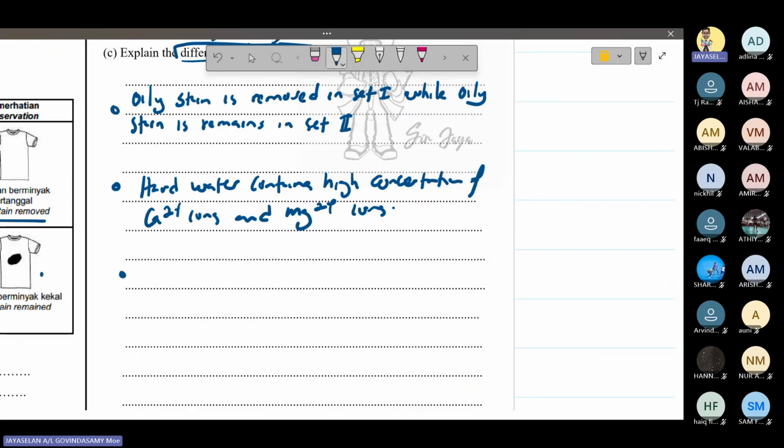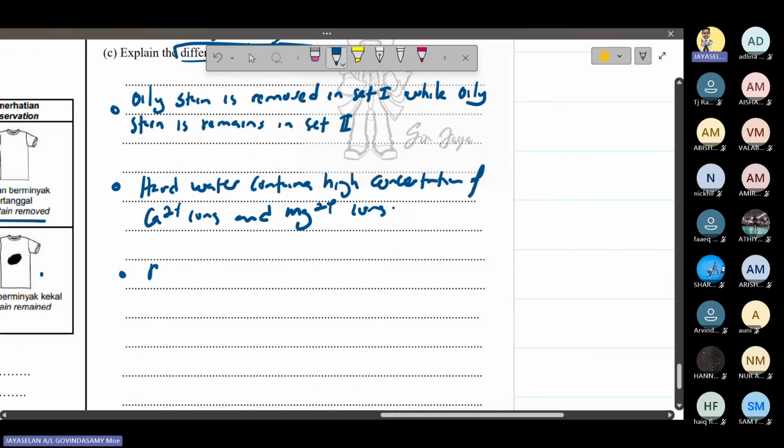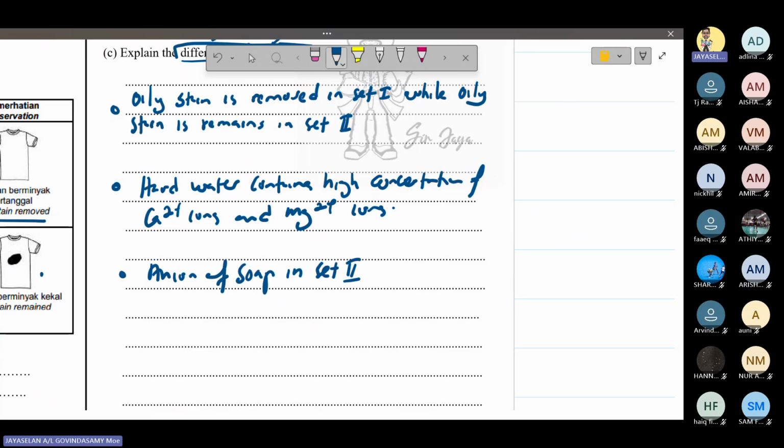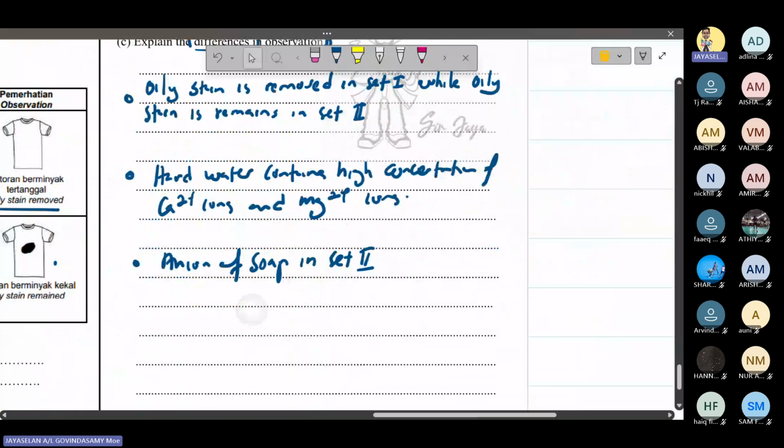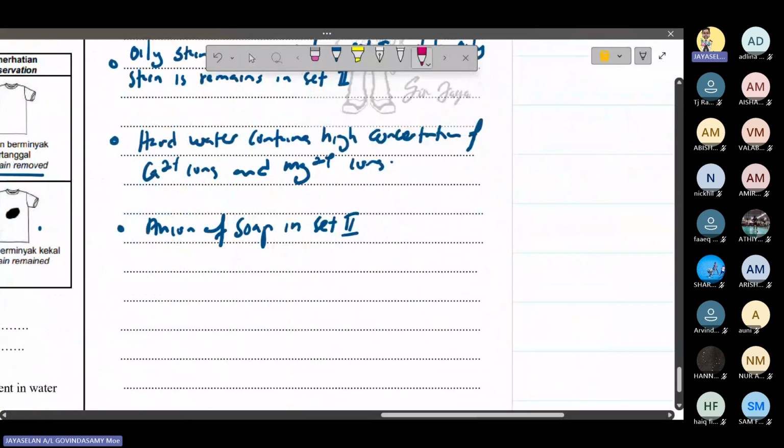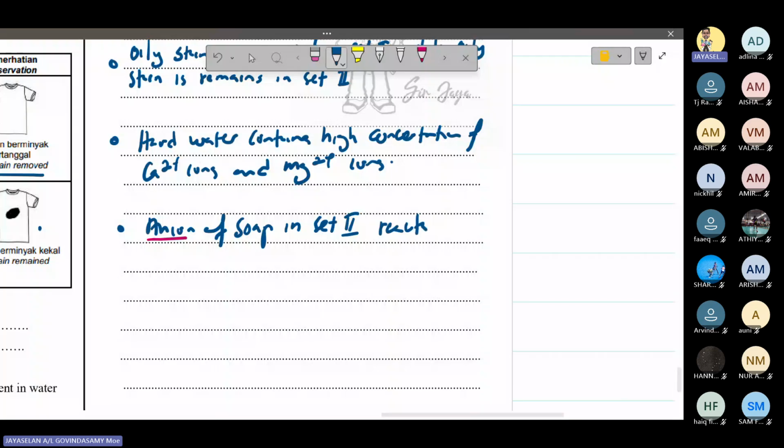Second point, I start with anion of soap. Anion of soap in set 2. You have to mention the set. This is soap, right? And make sure you use anion. Don't forget this. Must put anion of soap. They will react with these ions and form scum.